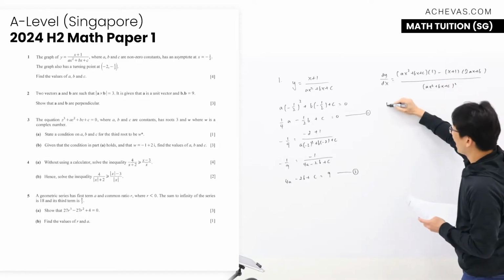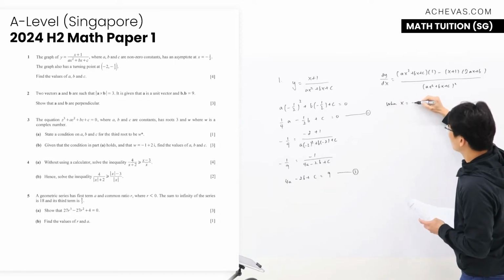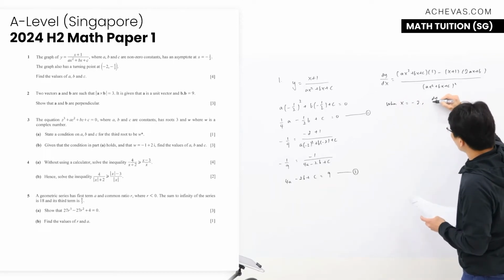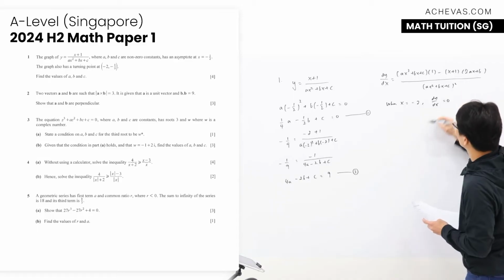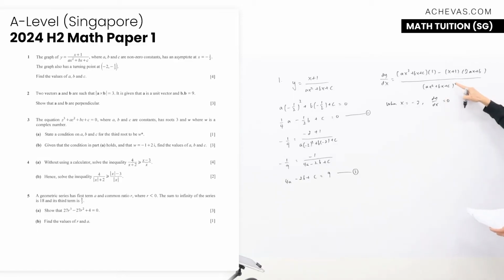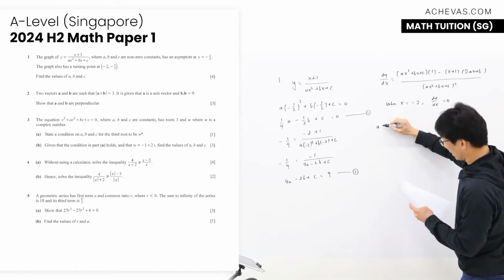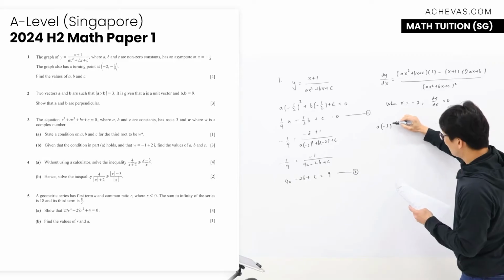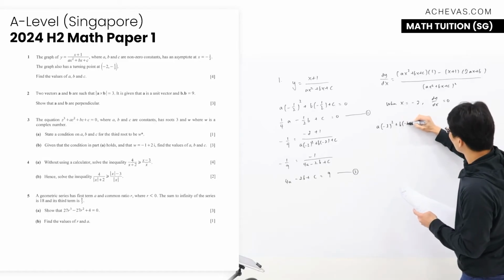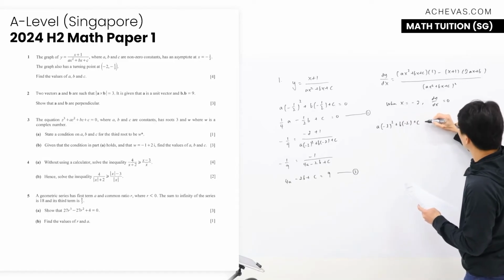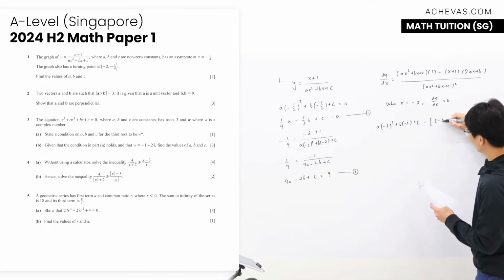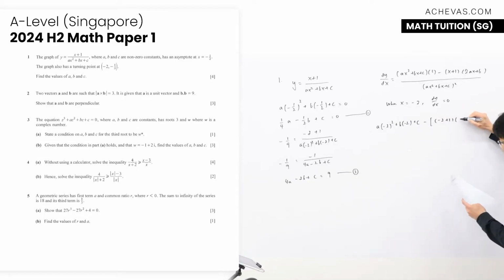And I know that when x equal to minus 2, dy/dx will be equal to 0. And subbing x equal to minus 2, equating dy/dx equal to 0 here, I will be able to get this expression here: (a(minus 2) squared plus b(minus 2) plus c) minus (minus 2 plus 1)(2a(minus 2) plus b). This will be 2a minus 2 plus b equal to 0.